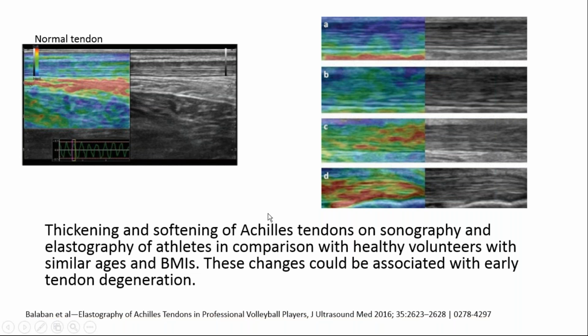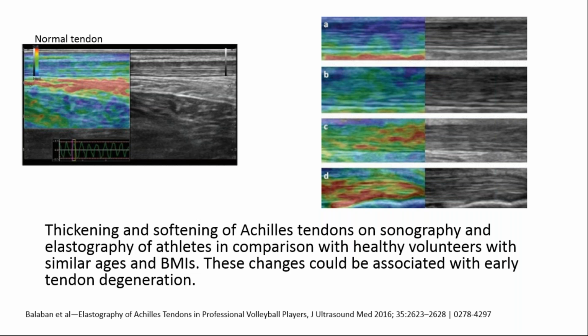Then healthy volunteers who never ran or had no athletic activity, and the 4th one was paraplegics, so disuse atrophy. These are the 4 groups that we studied, and we also found similar changes, although we did not study elastography at that time.